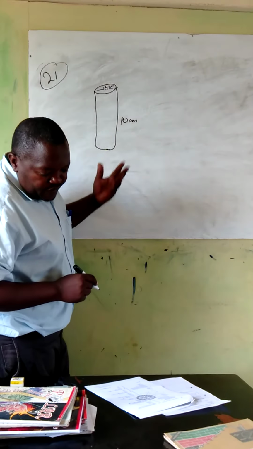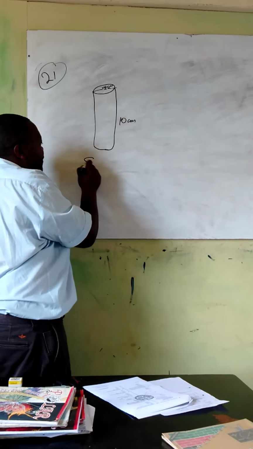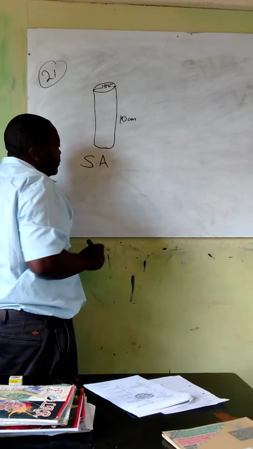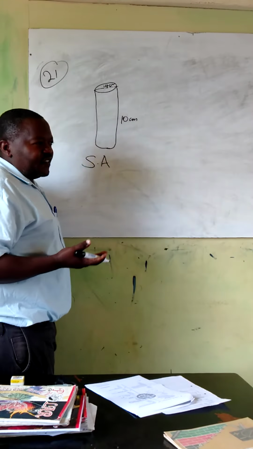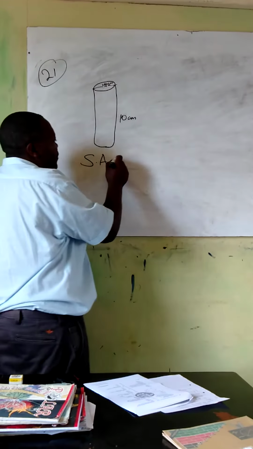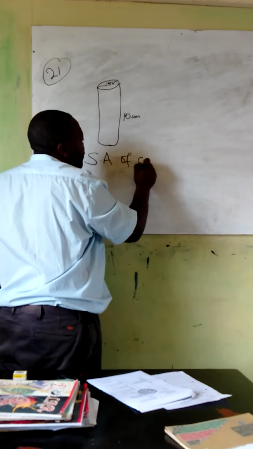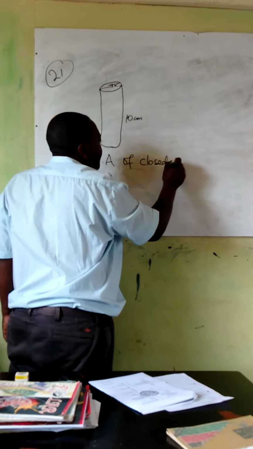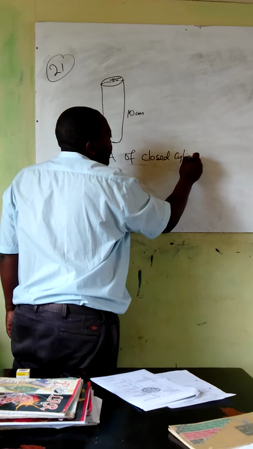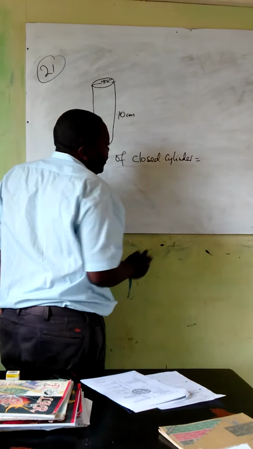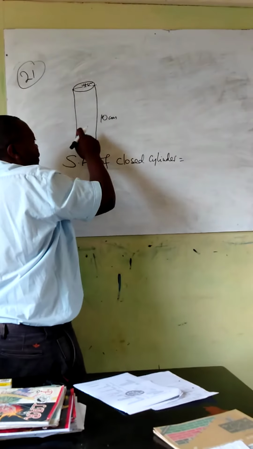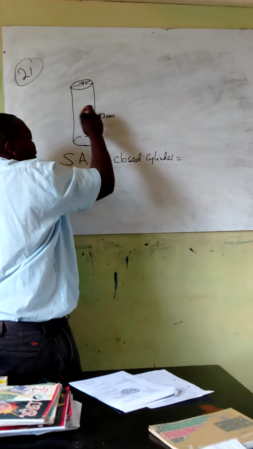So we are looking for the surface area. Remember surface area. This will be a closed cylinder, because we look for the surface area of the top and the bottom. So this is a closed cylinder. It will be given by the area at the top and the area of the bottom and the curved surface.